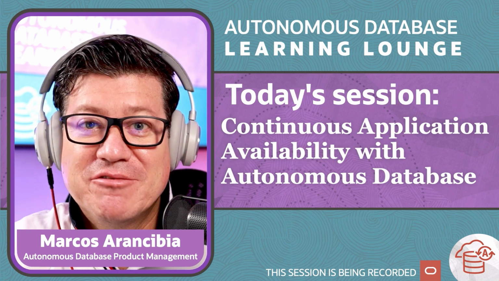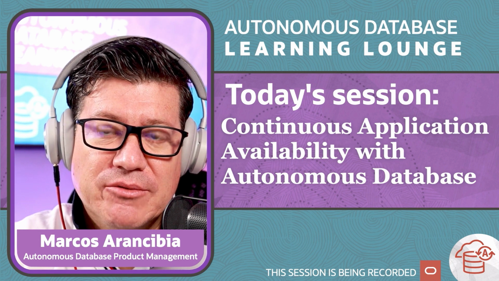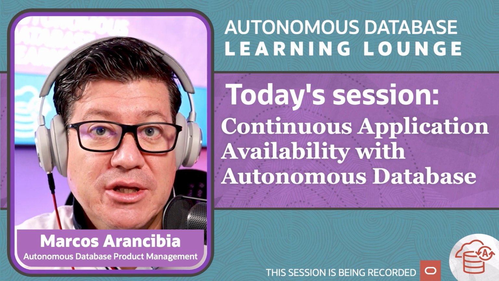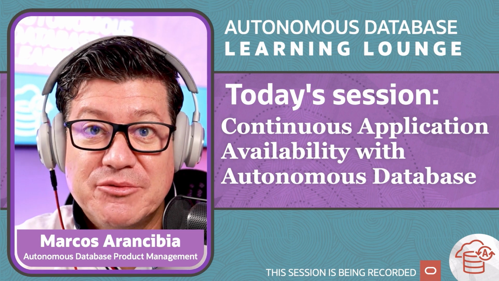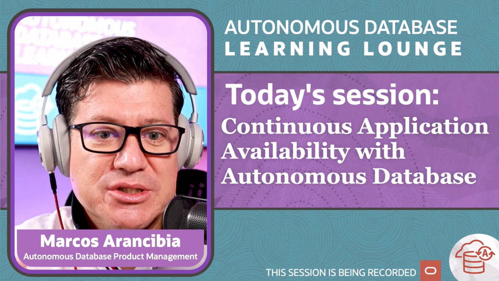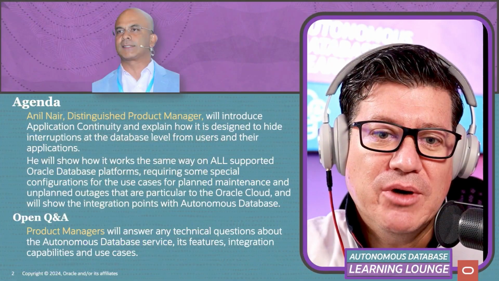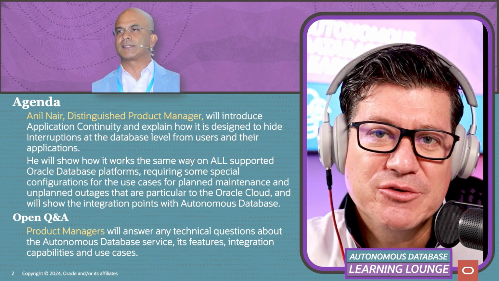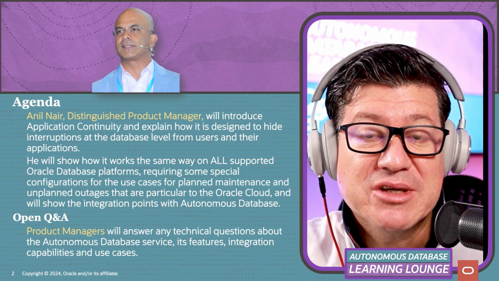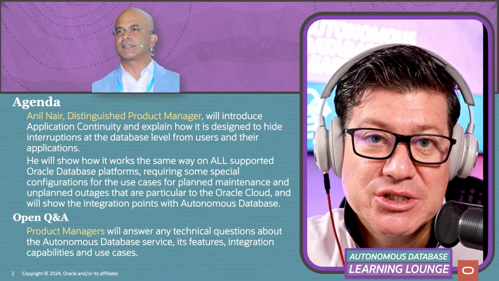And today we're going to have a very cool session on continuous application availability. If you recall from the last session that Nilay did, we were talking about high availability and disaster recovery, and he mentioned how to work with the application. For today's session, we're going to have Anil Nair, a distinguished product manager, who will introduce you to the concept of continuous application availability.